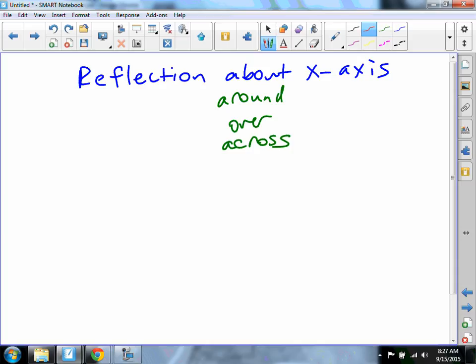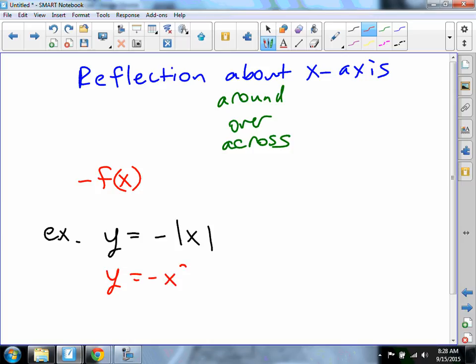So what we do here is we take the negative f of x. A specific example would be y equals negative the absolute value of x, or y equals negative x squared.